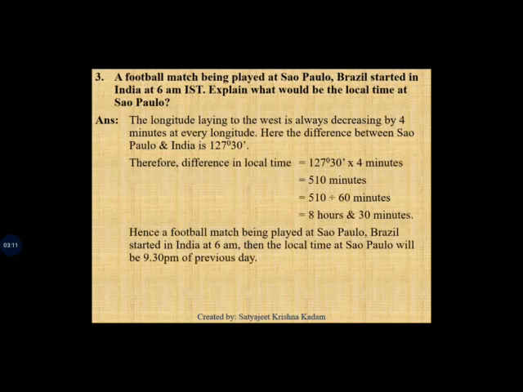Here, the difference between Sao Paulo and India is 127 degree 30 minutes. Therefore, difference in local time is equal to 127 degree 30 minutes multiplied by 4 minutes is equal to 510 minutes, which gives 510 divided by 60 minutes is equal to 8 hours and 30 minutes.